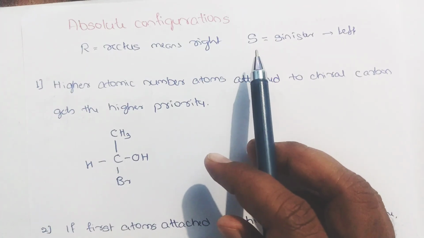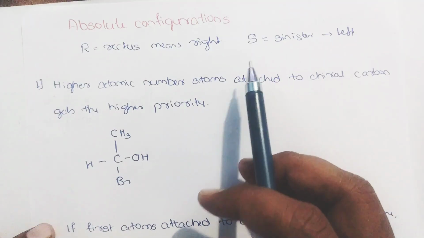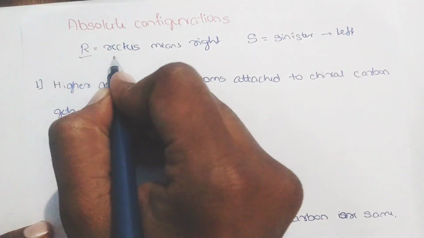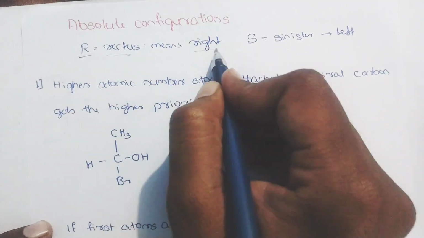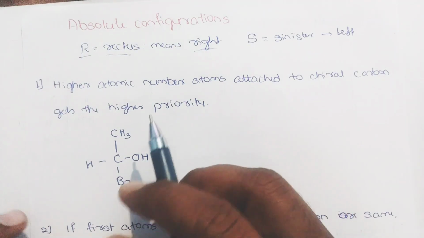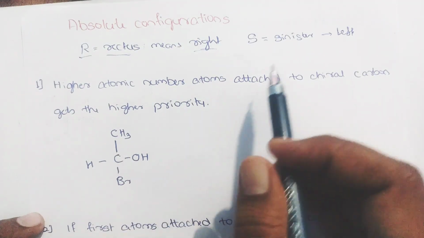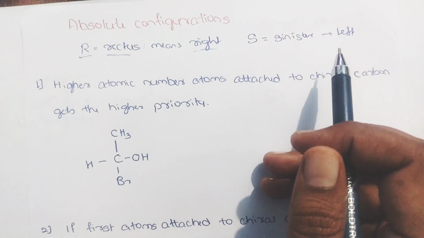And when the absolute configuration is S, it rotates the light to the left side. So these configurations are very important. R means rectus, and rectus means right side. When the configuration is R, it is right-side rotating. When the configuration is S, it is rotating to the left side.